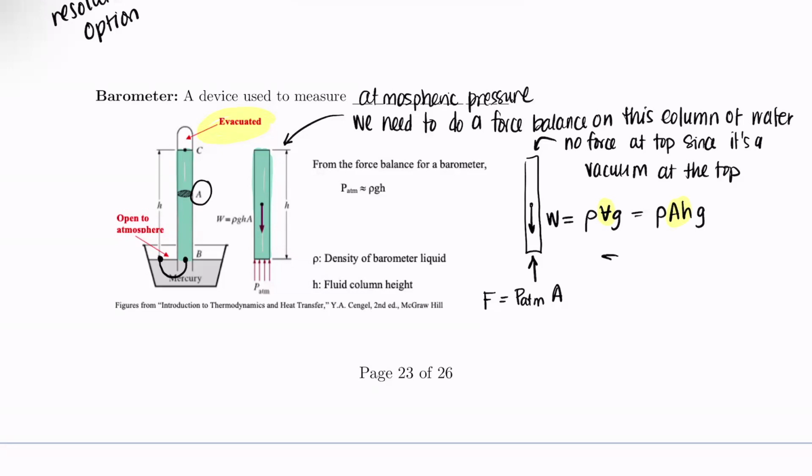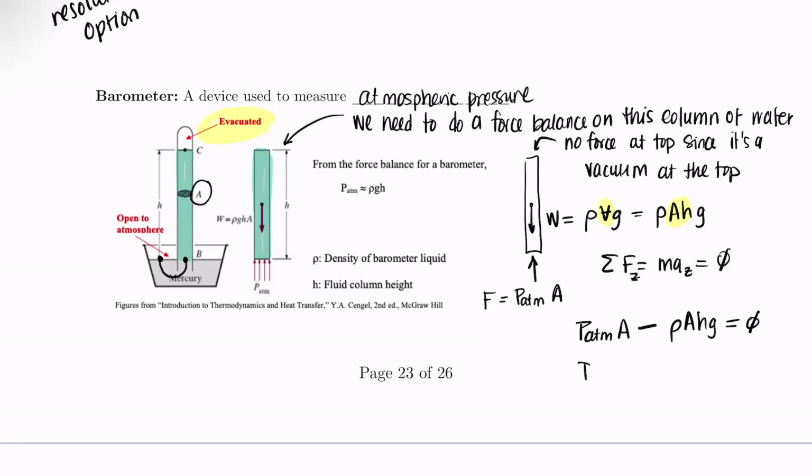So when we say that the sum of our forces is equal to mass times acceleration in the vertical direction, we know that that's 0. So the total forces sum to 0. We have a positive P atmosphere times the area minus rho A H g. This is our weight, negative because weight points down.